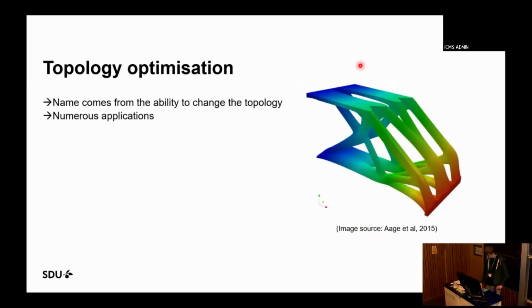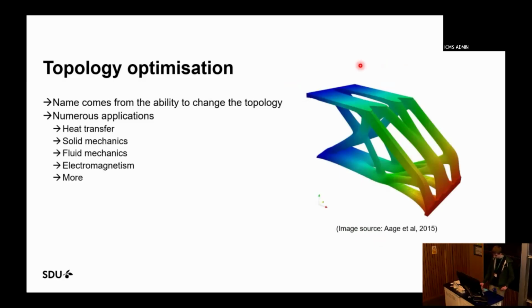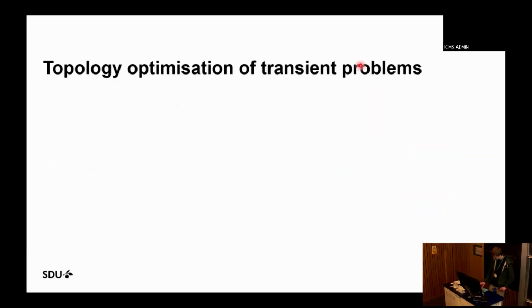Topology optimization has numerous applications. It can be applied to anything involving heat transfer, solid mechanics, fluid mechanics, electromagnetism. And I'm working with topology optimization of transient problems, and this is expensive because you need to do several simulations of the design that you want to optimize.